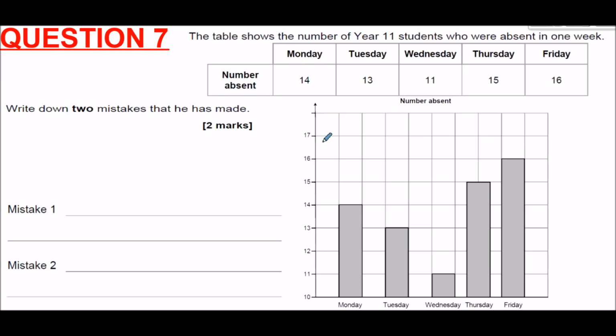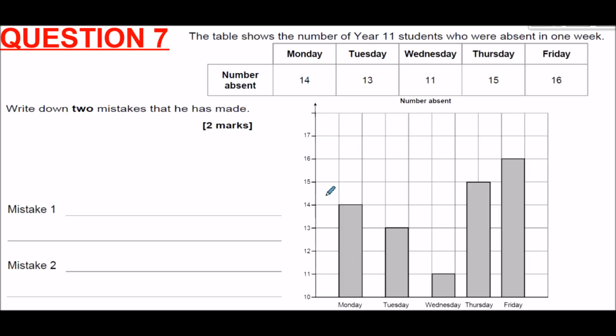So that would be accepted on the mark scheme. However, a lot of the time, not starting from 0 is okay. That's called a broken scale, which is something else altogether, which I'm not going to get into right now. And so it is possible to start a scale not from 0.